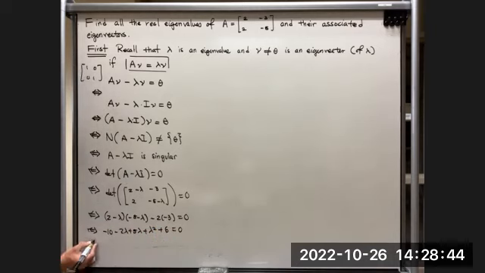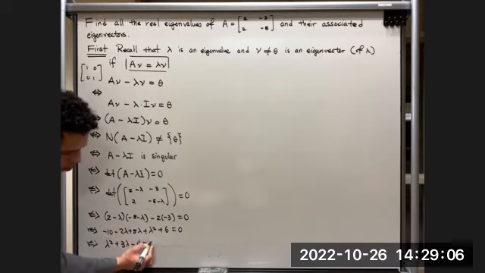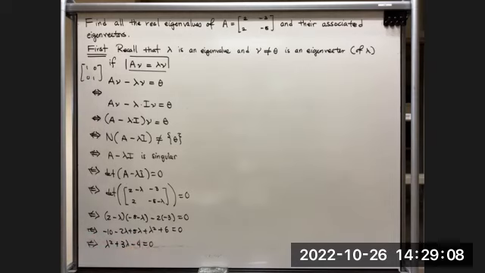Let's convert this. What we have here is nothing else but lambda squared, combining these ones, plus 3 lambda minus 4 equal to 0.